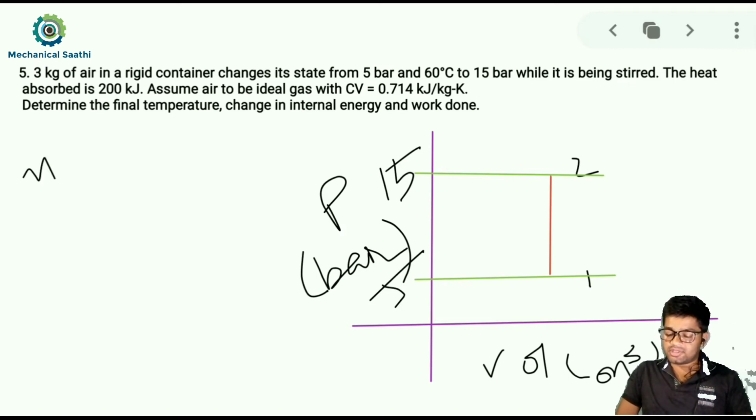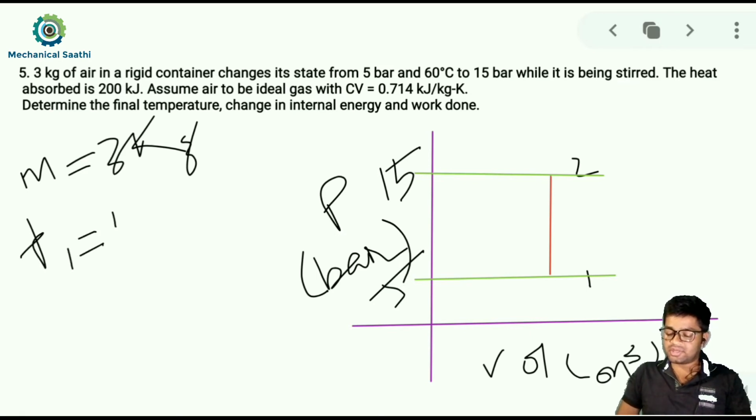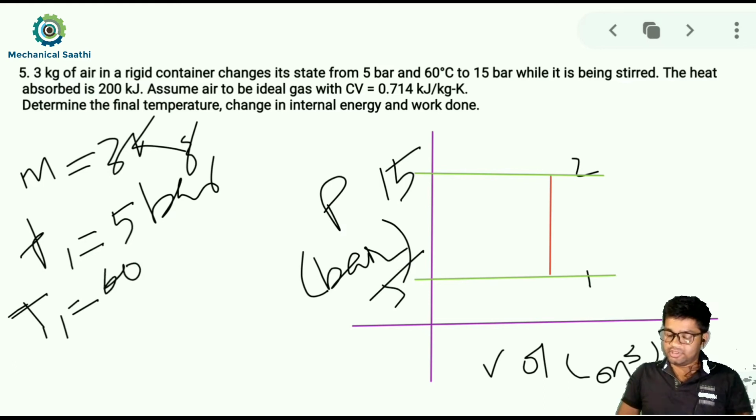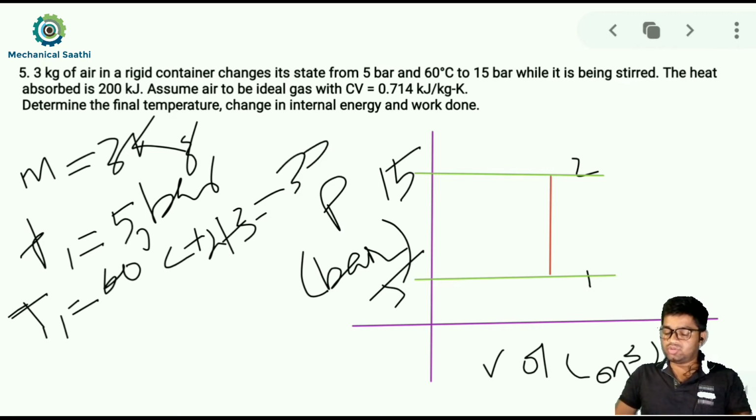So m is given as 3 kg. Then P1, the pressure at state point 1, is given as 5 bar, and the temperature is given as 60 degree centigrade. We convert that into the absolute scale by adding 273, so it becomes 333 Kelvin.